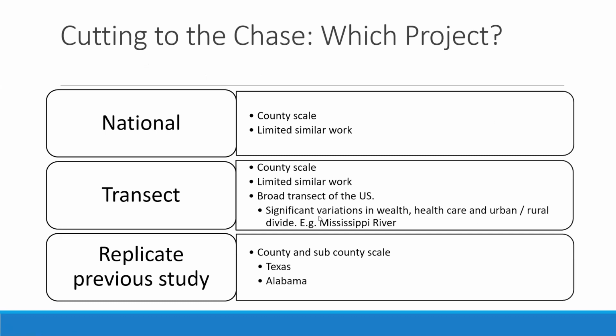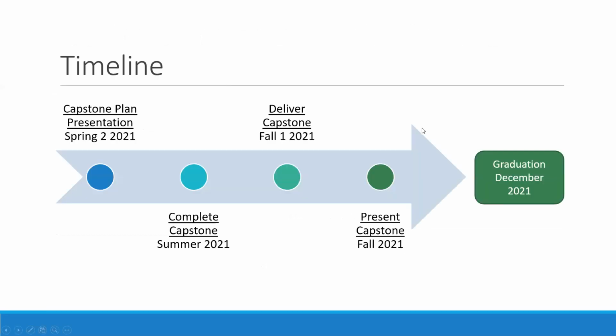I think right now I'm interested in probably doing a transect project, to address some of these variations in things that affect the suicide rate. So in terms of timeline, I'm interested in graduating in December of this year. So I'm planning to complete this capstone project over the summer and develop and deliver a report in the fall.